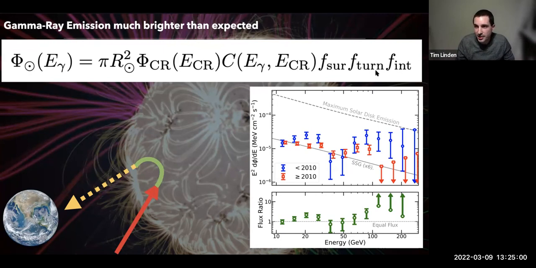And F interaction, the probability that my outgoing cosmic ray interacts to produce some gamma ray that I care about. These are all efficiencies. They should all be between 0 and 1. If they are all exactly 1, this is the line I expect, the maximum solar disk emission.